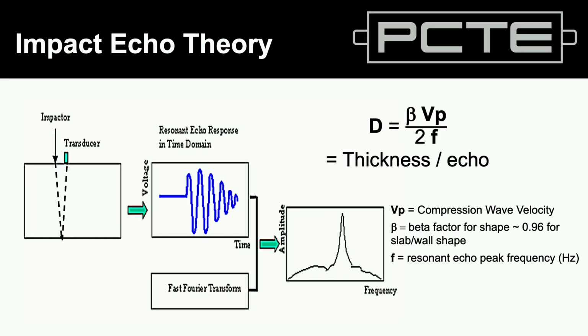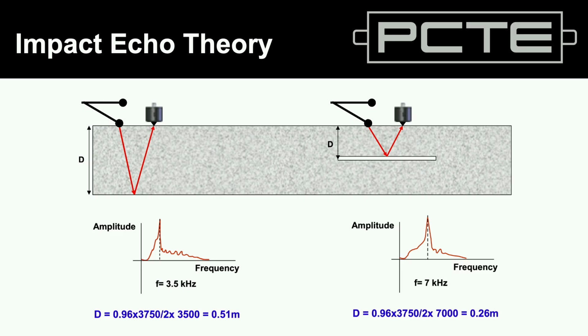The one thing I've got a particular problem with on this technique is the left-hand representation, where it shows the sound going down and echoing back. I consider that to not be true, because what we're actually measuring is the overall response, the repeated echoes, the dominant repeating energy from that strike.